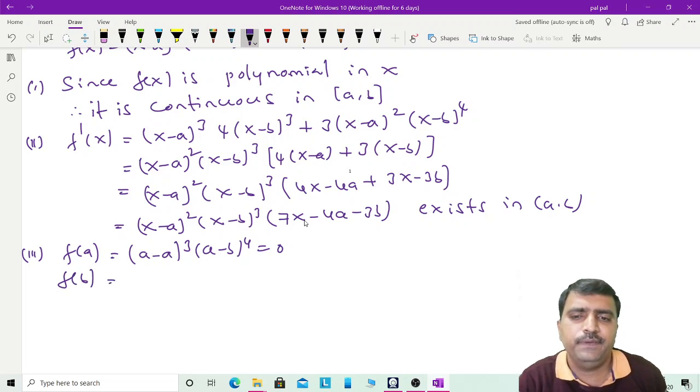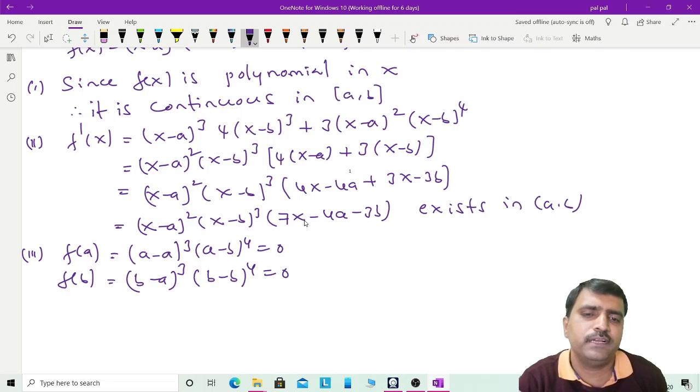Similarly, f of b is equal to b minus a whole cube into b minus b whole to the power 4, which is 0 because b minus b is 0. So f of a is equal to f of b.